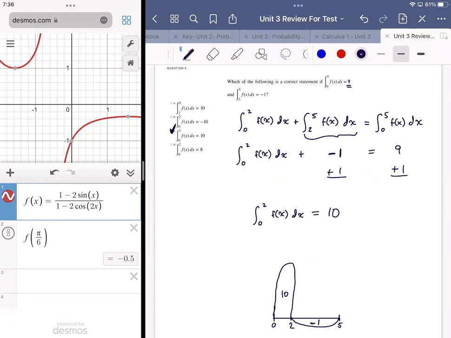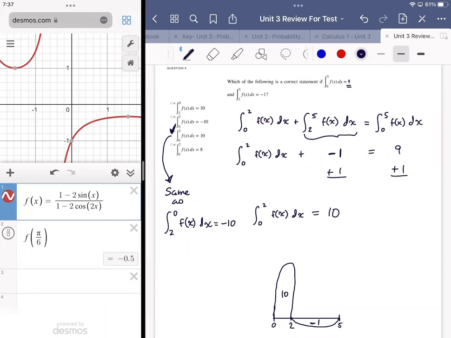But I got to be careful because sometimes they can mess with you a little bit. Maybe choice C isn't there, but what they'll say is over the interval of 2 to 0, we have a -10, right? One of those properties that we talked about, this is the same as the integral from 2 to 0 of f of x dx would be equal to -10.